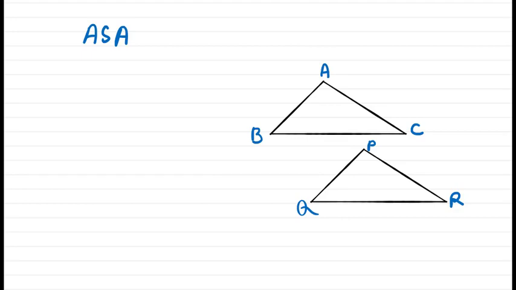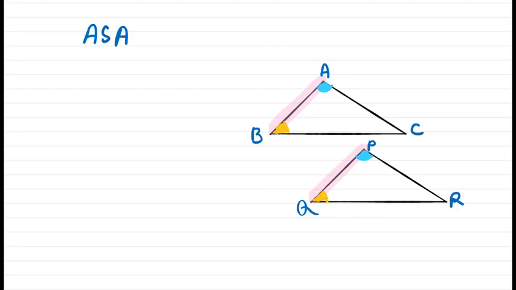So here's the next criteria, ASA. ASA means two angles are equal in two triangles, let's say angle B is equal to angle Q, and also given that another angle, this A, is equal to P, and the side containing these two angles, a common side in both the angles, is also equal.